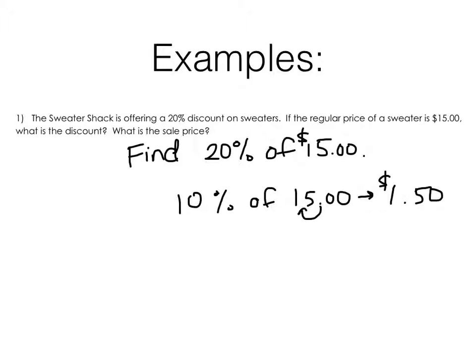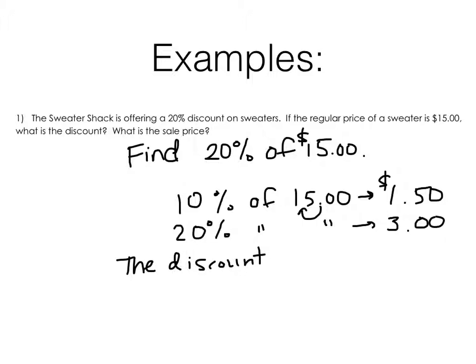You wouldn't say 10% of $15 is $150 now, would you? So that's $1.50. So that means 20% of $15 would be twice as big. Twice $1.50 is $3.